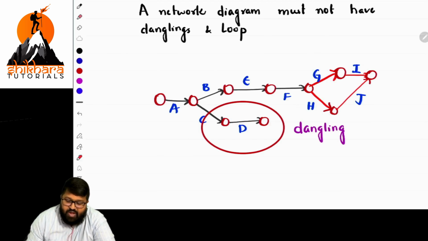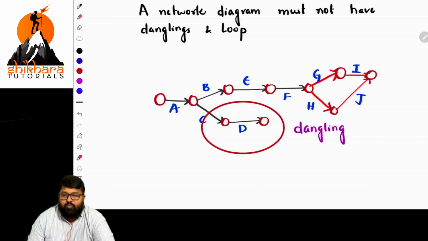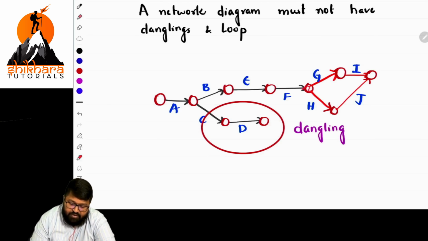This is dangling. What about loop? For example, if you see F, after that they are going to G, then I, next what more? So basically, if I rearrange them for your convenience, if I change the directions, you see once.